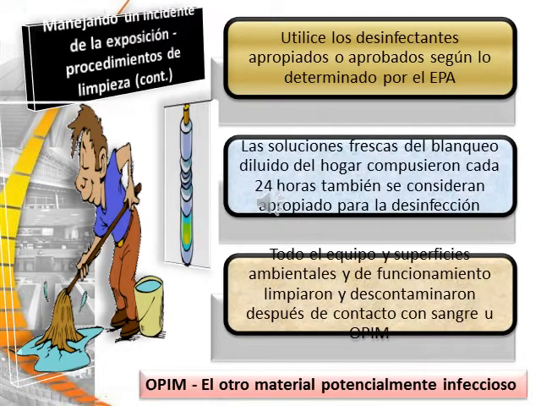Use appropriate approved disinfectants as determined by the EPA. Fresh solutions of diluted household bleach made up every 24 hours are considered appropriate for disinfectant. All equipment and environmental working surfaces should be cleaned and decontaminated after being contaminated by OPIM.